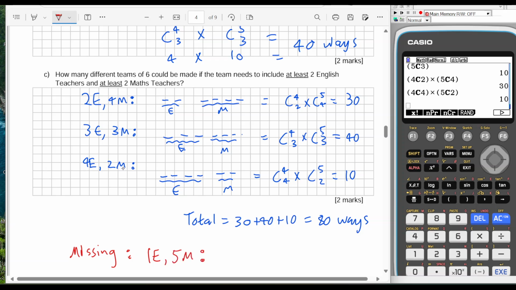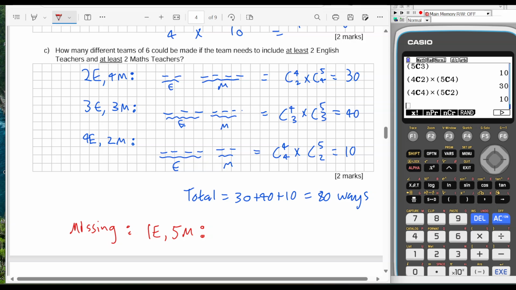The reason we didn't include it is because it didn't have this, like at least 2 and 2. But if we work it out right, this should be the 4 that we're missing out of the 84. So this would be C41 for the English teacher. And if we're going for maths teachers here, this should be C, there were 5 maths teachers and 4 spots.